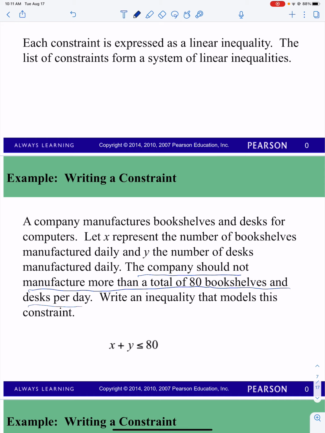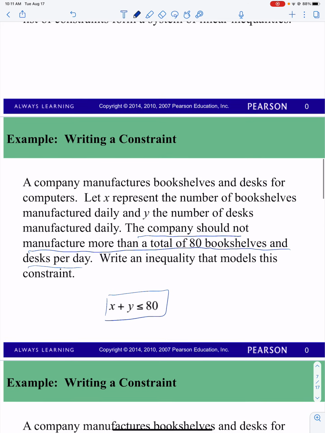This is also maybe the ability of this company. This company is so small, you cannot make more than 80 bookshelves and desks per day. So x plus y is less than or equal to 80.